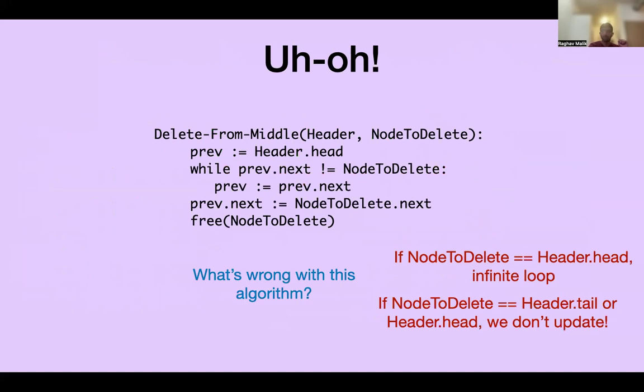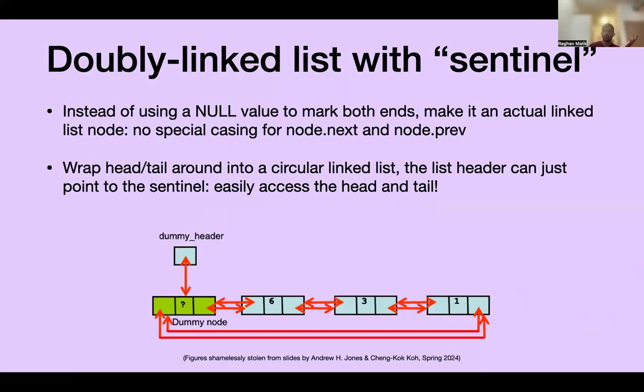There we go. Okay. One way to solve this special casing thing is this idea of a doubly linked list with a sentinel. This is just combining a bunch of stuff that we've already talked about.